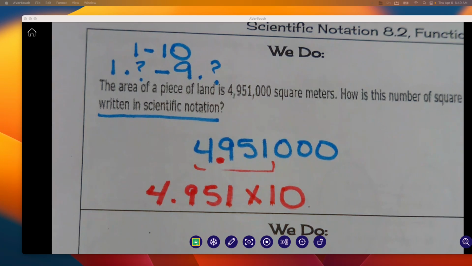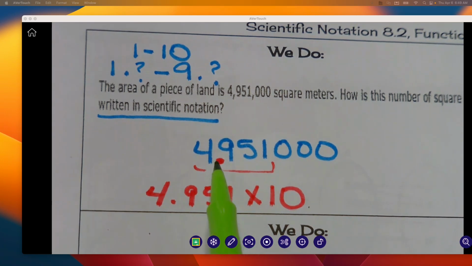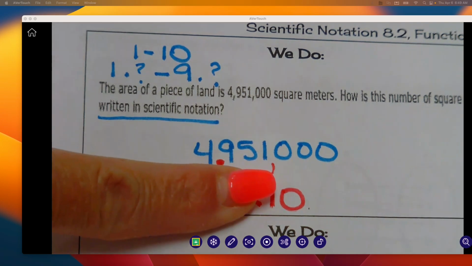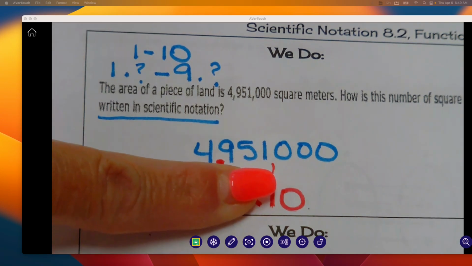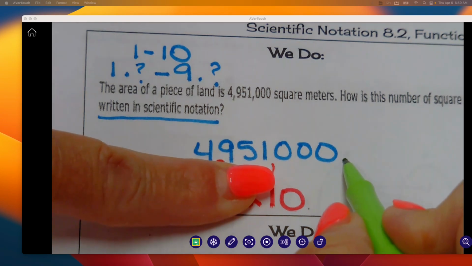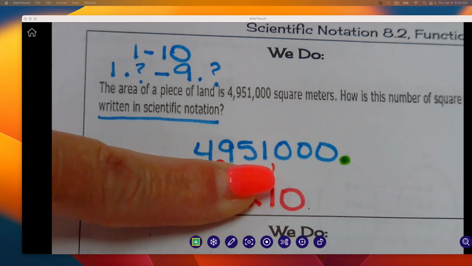Okay, remember, you're always going to multiply it times 10. Now to figure out what the exponent is, you're going to count between where the new decimal point is and where the original decimal point is. Okay, let's go back to the original number. If you notice, there is not a decimal point. So when there is not a decimal point, remember that decimal point goes at the very end.